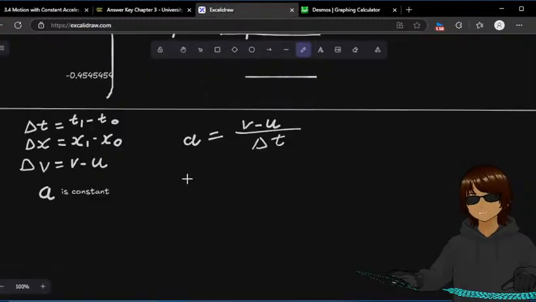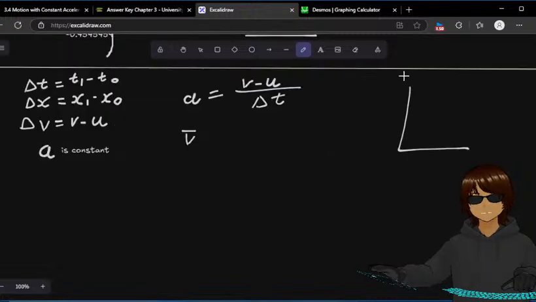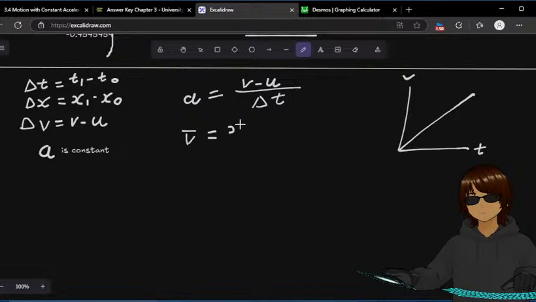Oh, the average velocity. So the graph, velocity over time, should look like this because the acceleration is constant. The average velocity is x1 minus x naught over delta t.